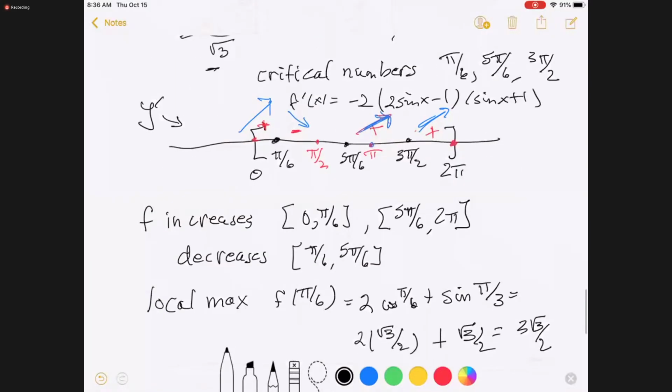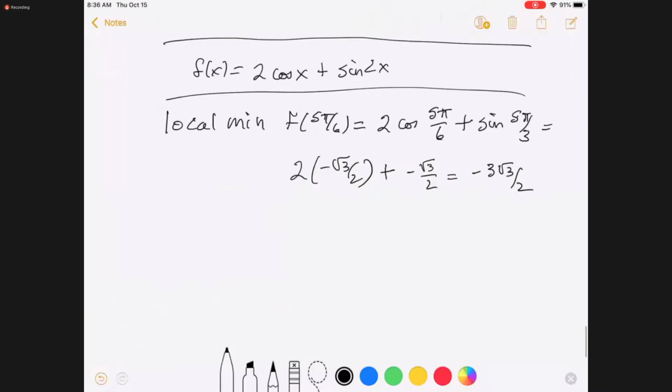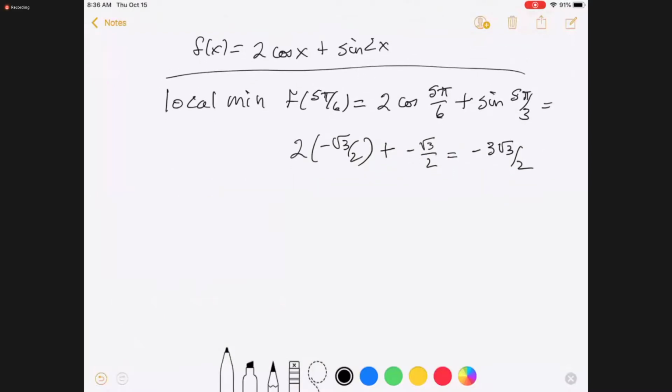So we have all our first derivative information. And let's just start plotting. We're going to refine the plot with the concavity information. But now I have a crude idea, at least. Well, I'm only going from 0 to 2 pi. But let's see.